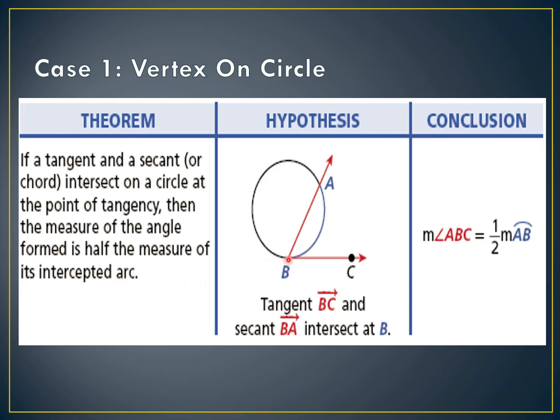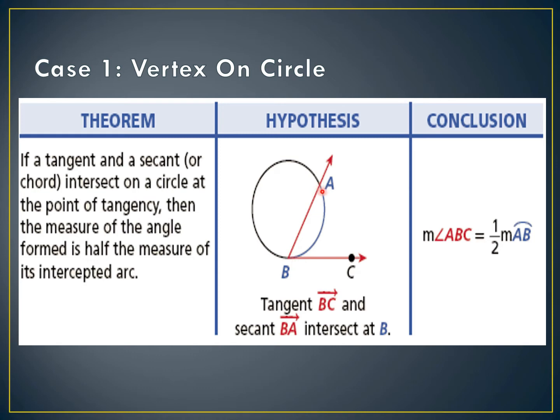So, dito nga, ito yung ating tangent line. Nag-intersect yung secant AB dun sa point of tangency na B. Then, itong angle ABC is half the measure of its arc AB, yung intercepted arc na AB. Pag sinabing intercepted arc, yung arc na na-create dun sa loob ng angle.